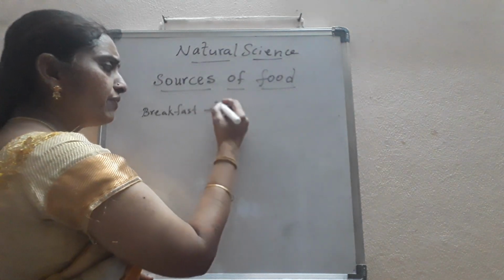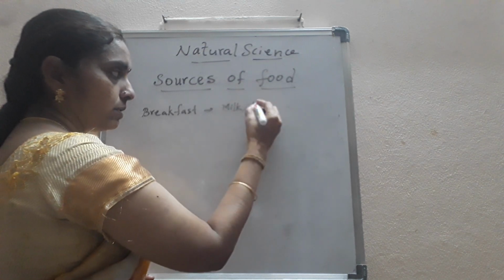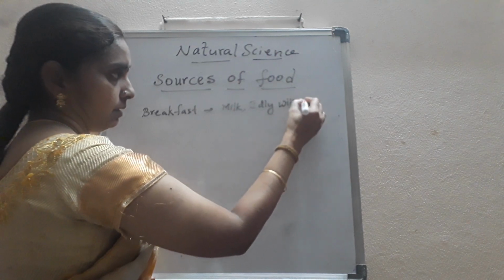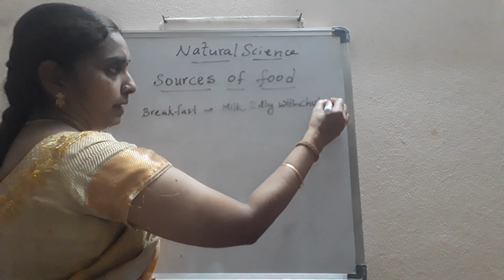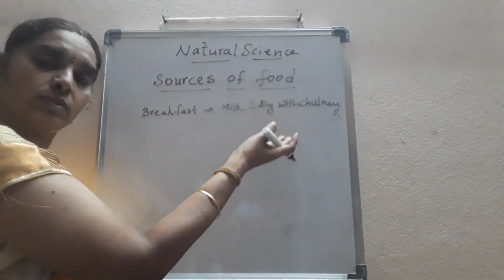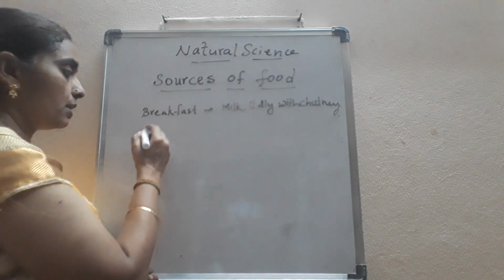So breakfast items might be milk you have taken, isn't it? And also idli with chutney. So this might be your breakfast today. And next, for instance, you can take dosa with chutney also, or pongal, anything that you have taken in your breakfast. Next, lunch.